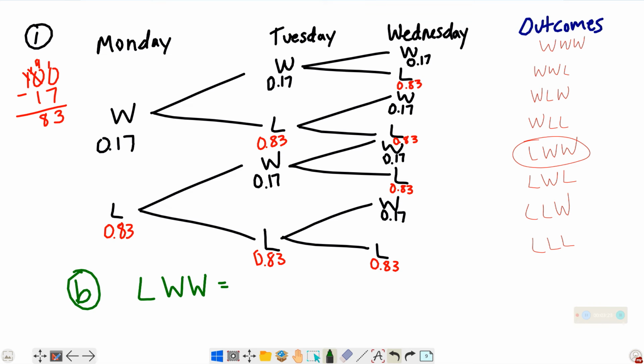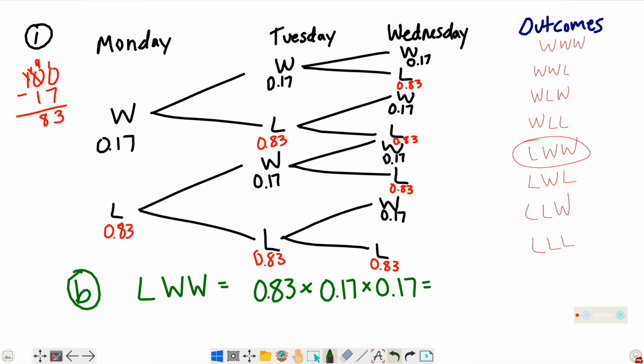So the probability of a loss is 0.83. The probability of a win is 0.17, and then another win would also be 0.17. So in your calculator, you can type in 0.83 times 0.17 times 0.17 to figure out the probability for part B.